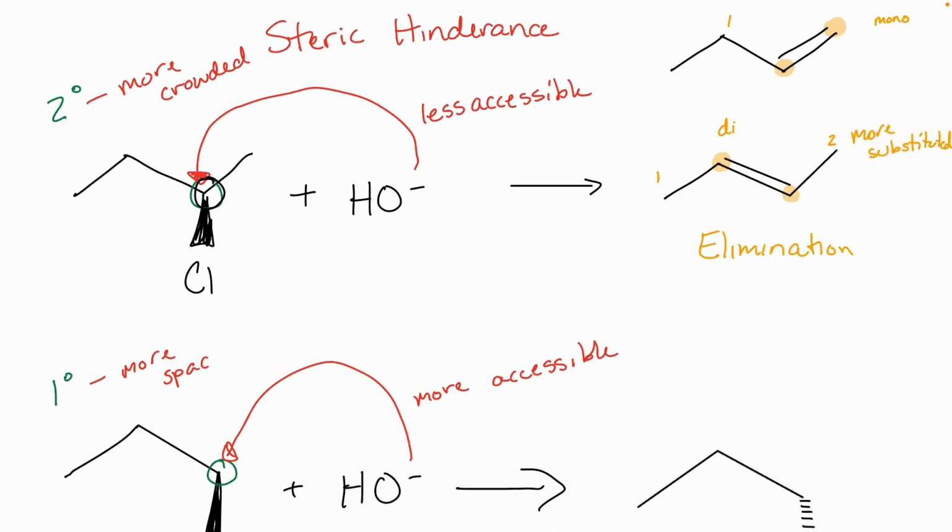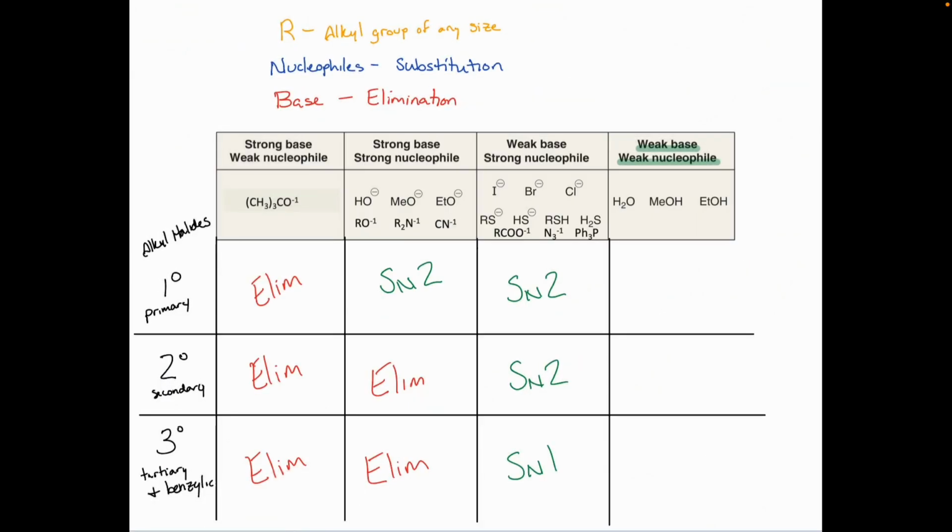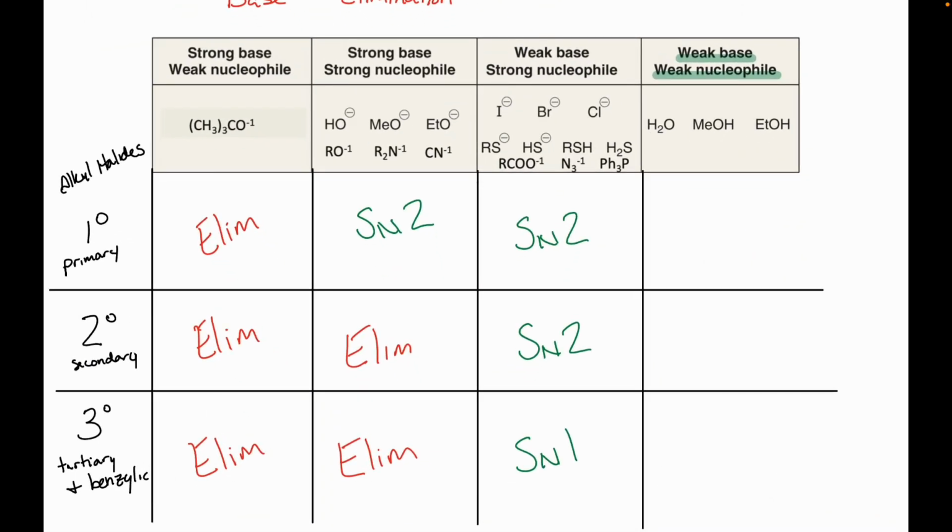All right, last thing we have to do to fill out this chart, and then we'll just practice the crap out of this, is for our weak bases and weak nucleophiles. So these are things that are pretty terrible at both. Turns out that these do not react with primary or secondary alkyl halides, only with tertiary alkyl halides.